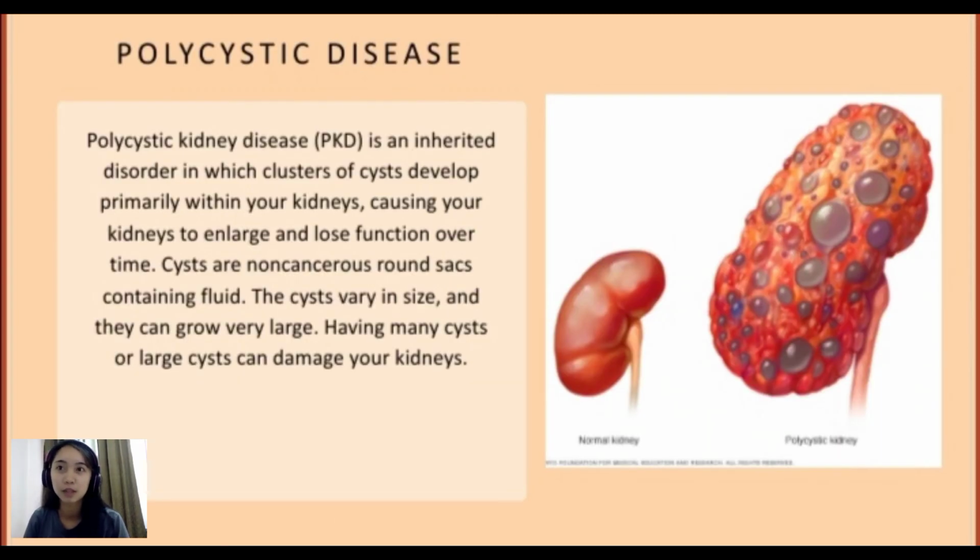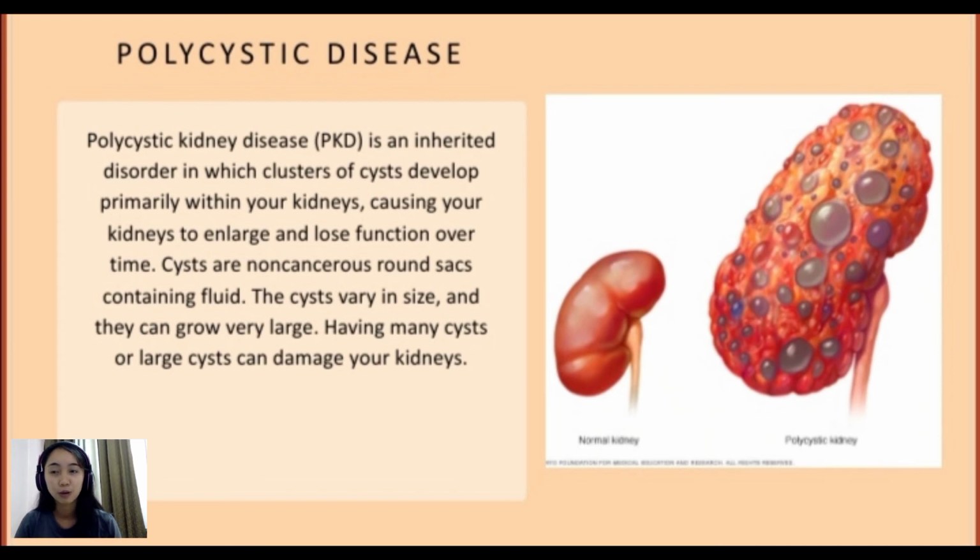Lastly is the polycystic disease. Polycystic kidney disease is an inherited disorder in which clusters of cysts develop primarily within your kidneys, causing your kidneys to enlarge and lose function over time. Cysts are non-cancerous, round sacs containing fluid. The cysts vary in size and they can grow very large.